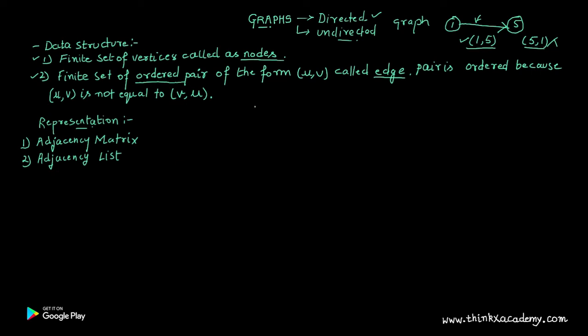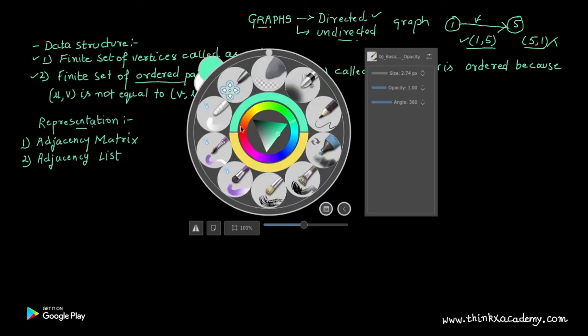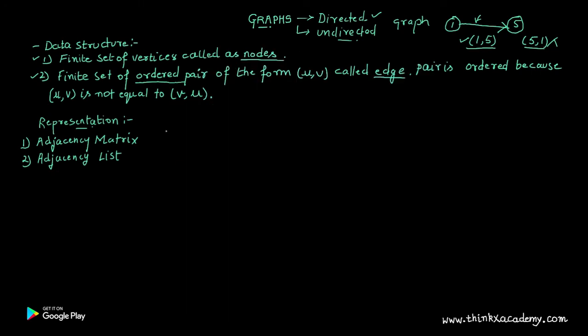First of all, I'm going to take an example of a graph. Let's suppose we have a graph like this with node 0, node 1, then 2 and 3, then 4. So let's suppose these are the nodes of this graph.